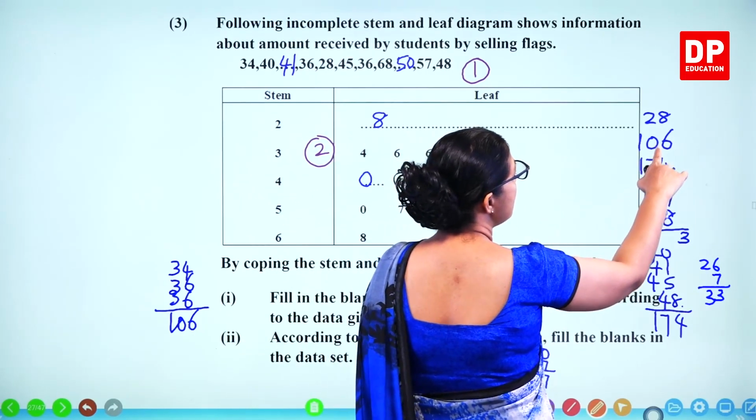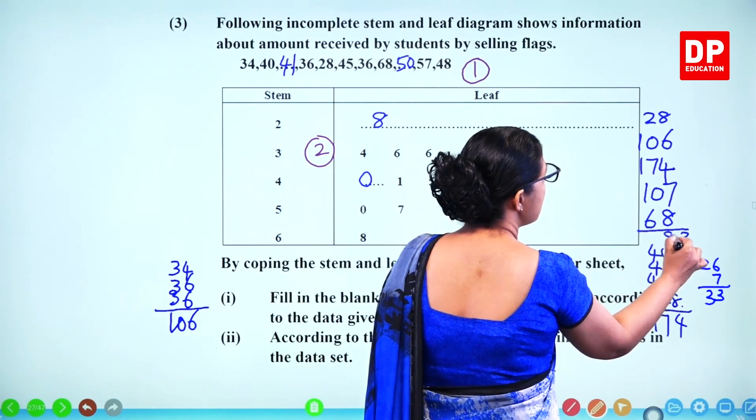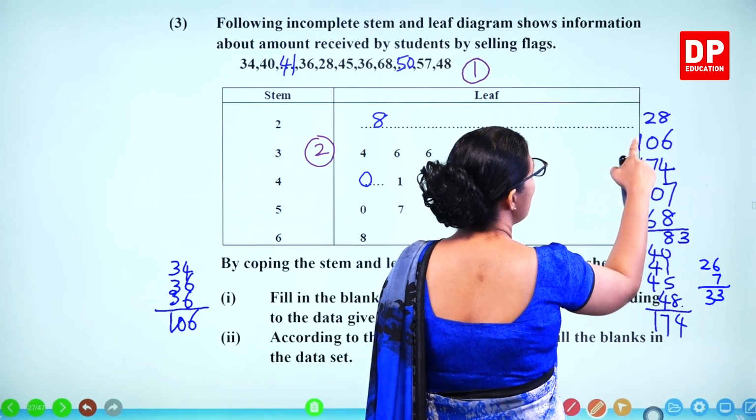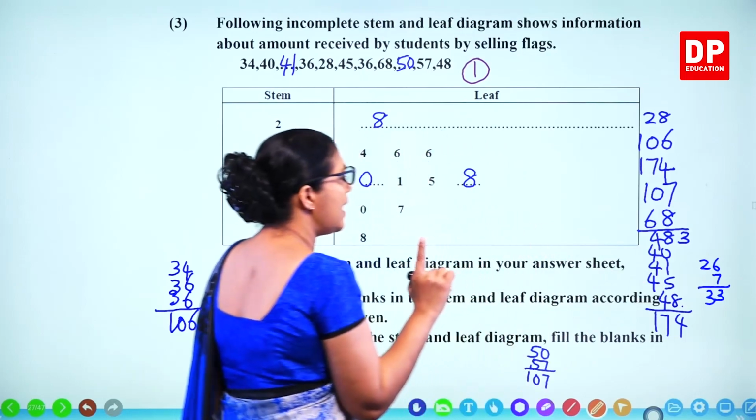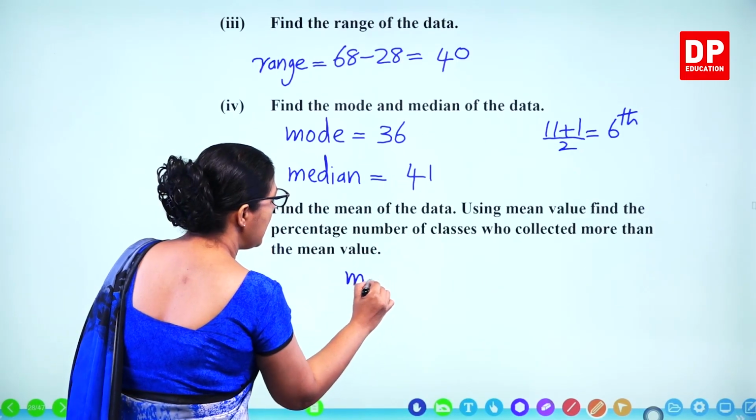So 10, 16, 18. 1 remaining. 2, 3, 4. 483 is the total.